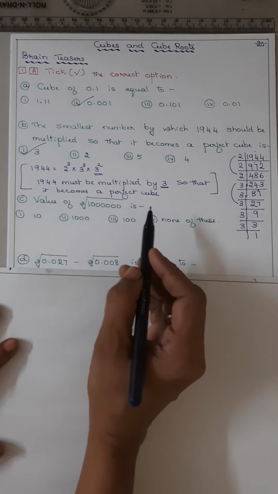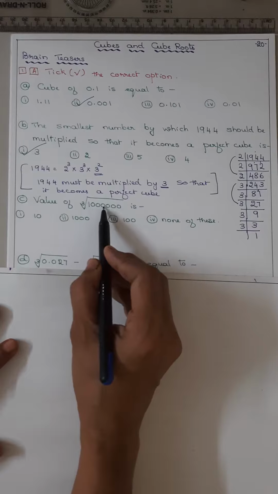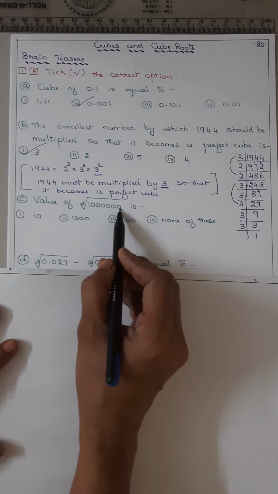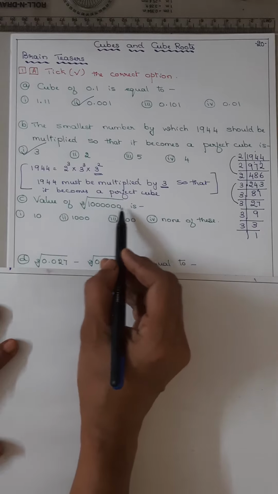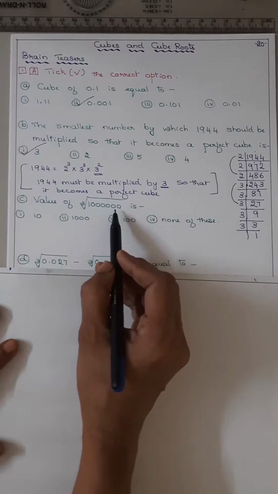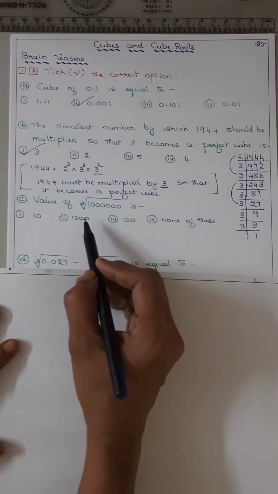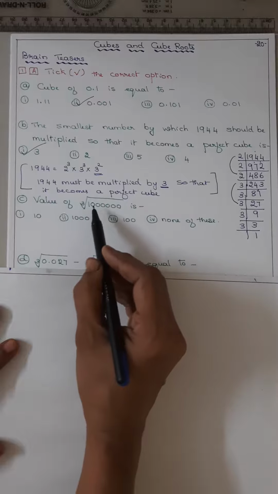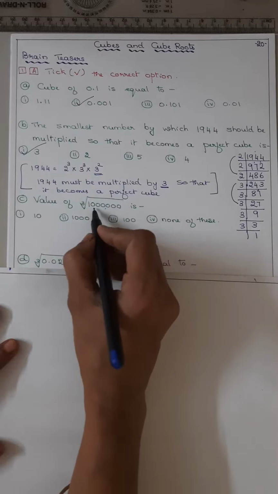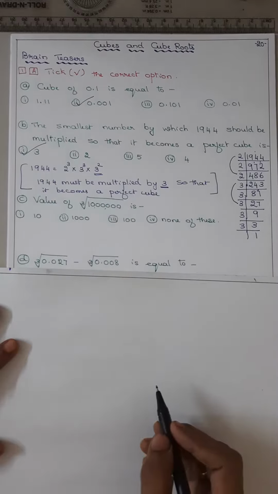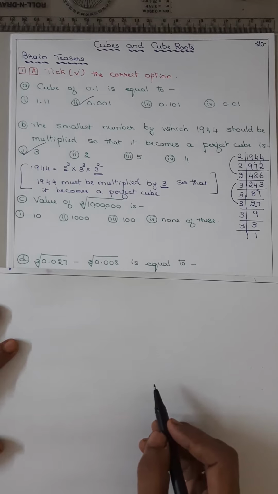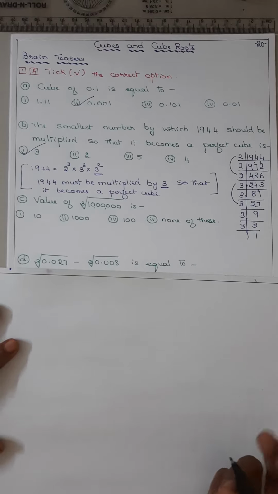many zeros are there? Check. 1, 2, 3, 4, 5, 6. 6 zeros means the cube root of this. The question is 10 lakh. So 6 zeros means the answer will have only 2 zeros.